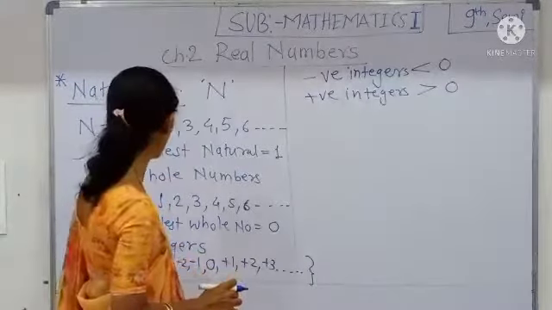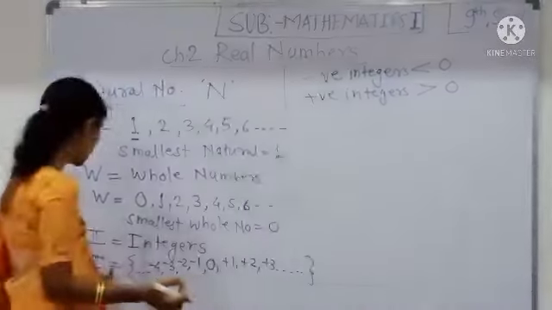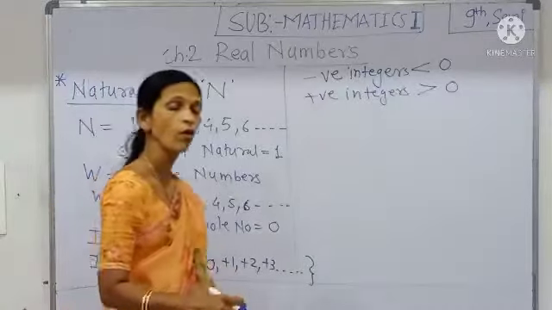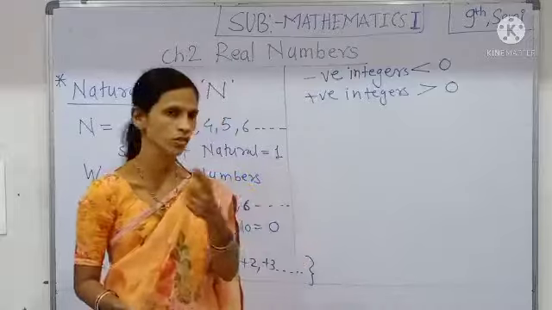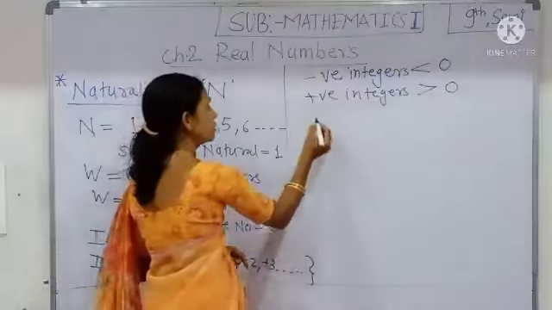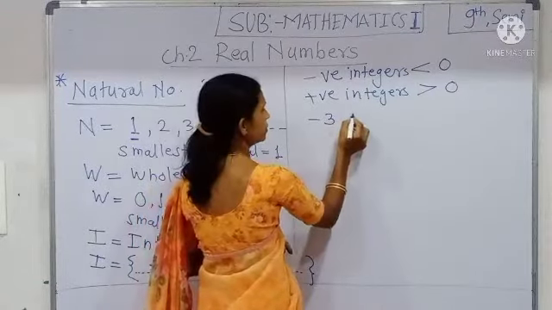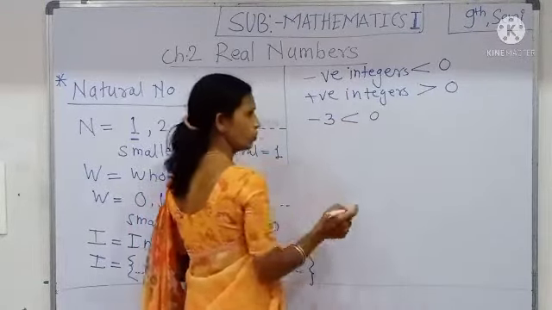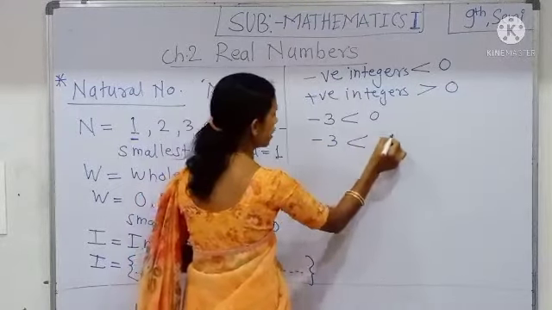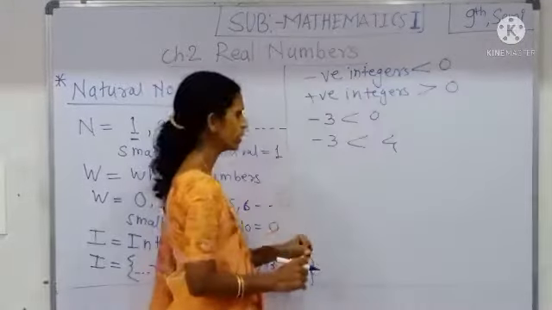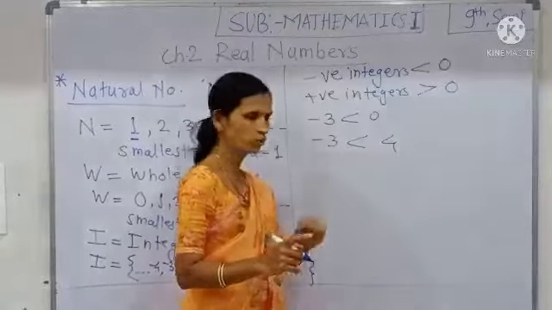Then there is a certain ordering between integers that was already discussed in the bridge course program as well as in the previous standard. For example, -3 is less than 0, as well as -3 is less than 4, because all negative numbers are smaller than positive numbers.